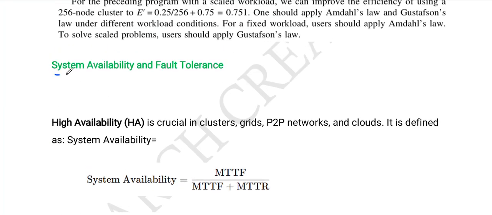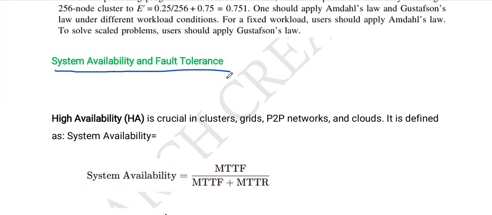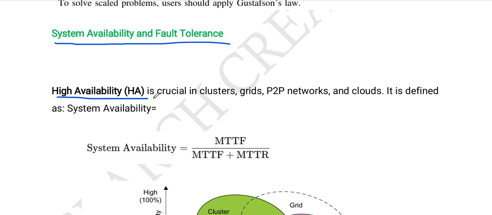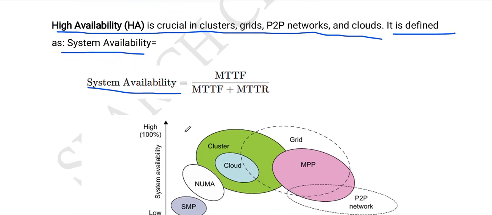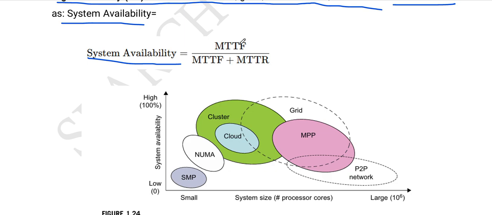Next, we are going to look at system availability and fault tolerance. High availability is crucial in clusters, grids, P2P networks, and clouds. It is defined as system availability equal to MTTF divided by MTTF plus MTTR.